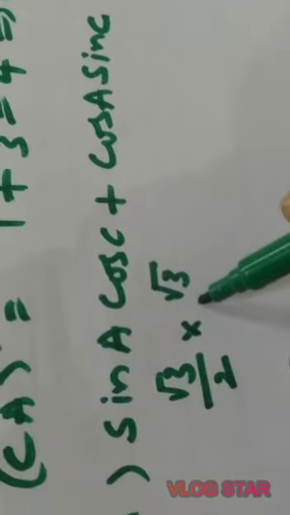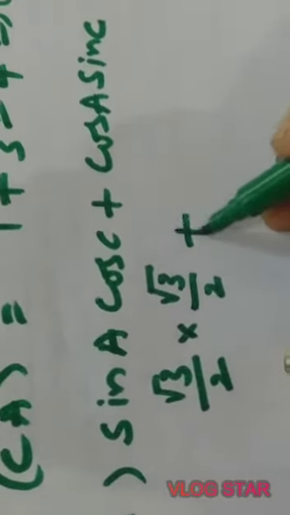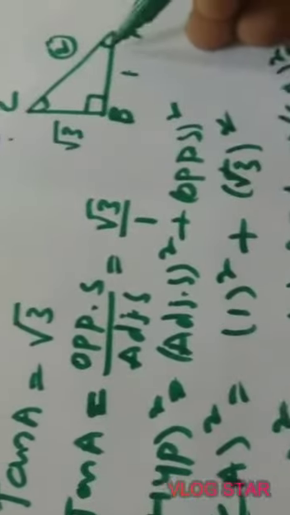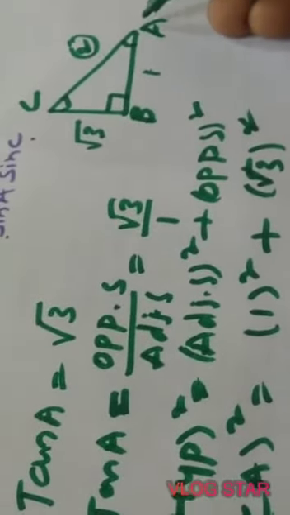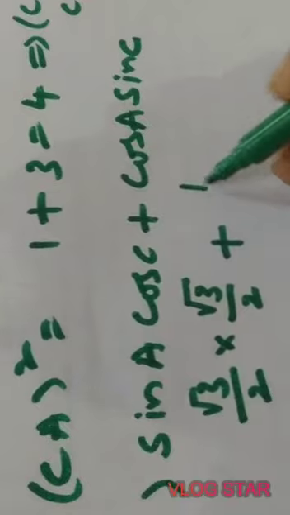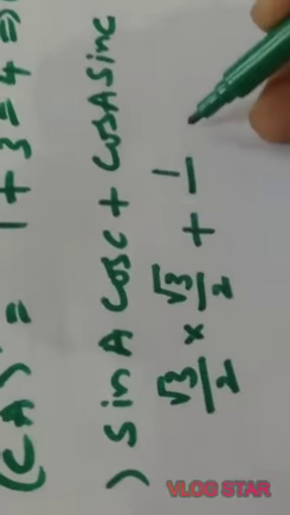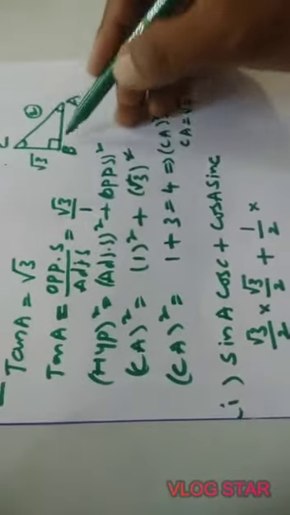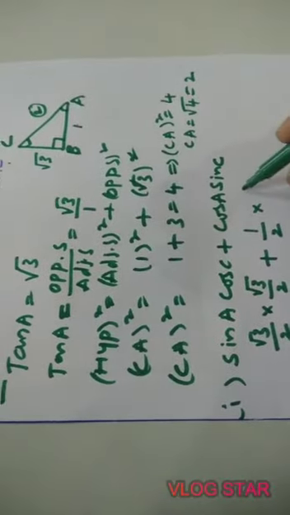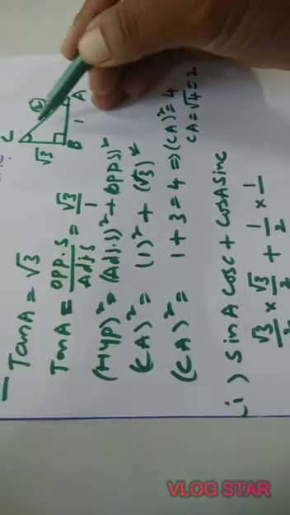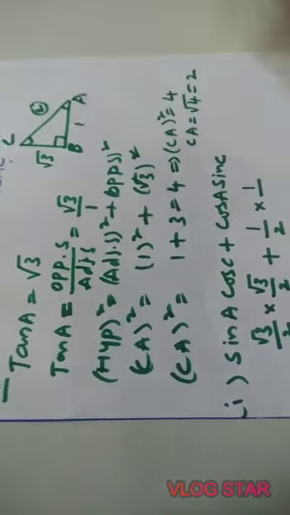and hypotenuse is 2, plus cos A. From A, the cos formula is adjacent side by hypotenuse. So cos A, adjacent side is 1, hypotenuse is 2, into sin C. From C opposite side is 1 by hypotenuse 2.